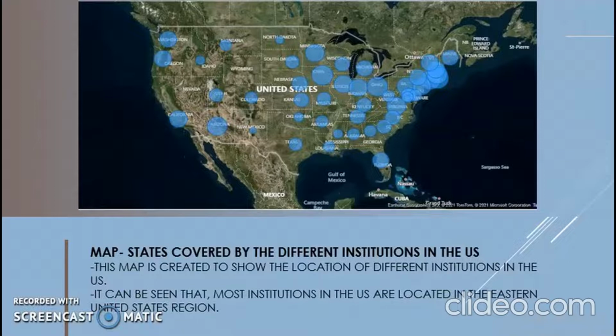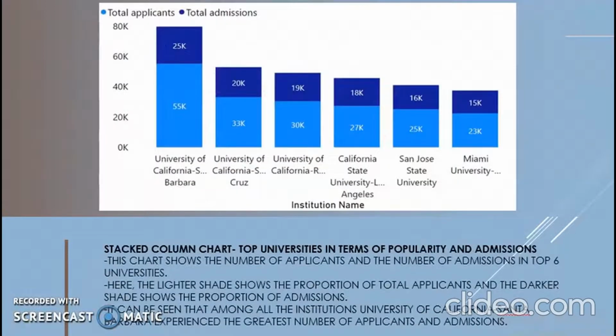The stacked column chart shows the number of applicants and the number of admissions in top 6 universities. Here, the lighter shade shows the proportion of total applicants, and the darker color shows the proportion of admissions.